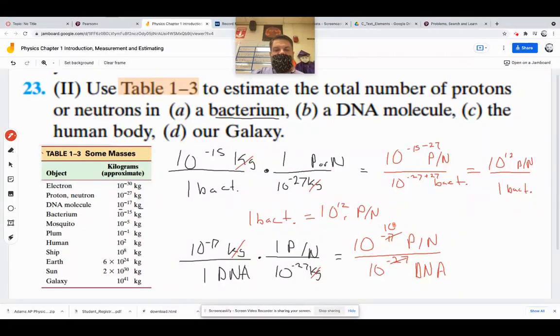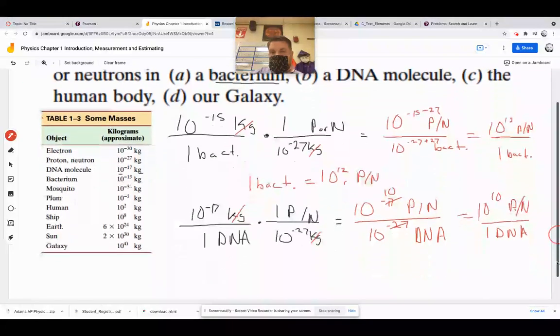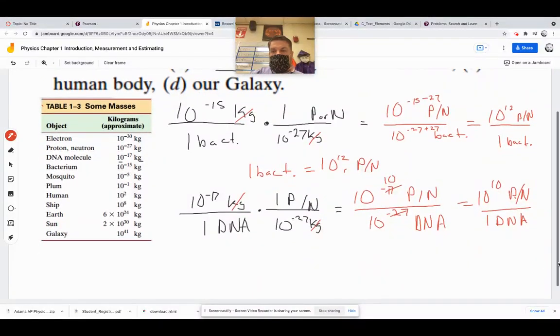So when I do that, this becomes 10, right? So then my final answer is 10 to the 10th power protons or neutrons per 1 DNA molecule. In other words, 1 DNA molecule has 10 to the 10 protons or neutrons. Let's do the next one.